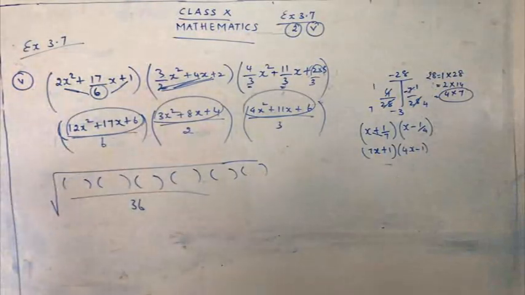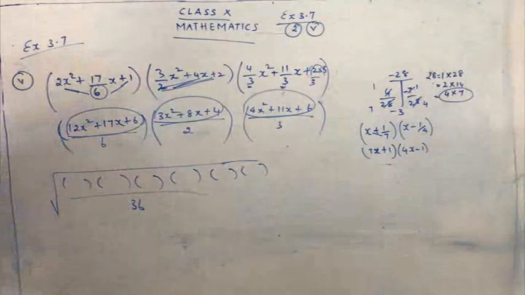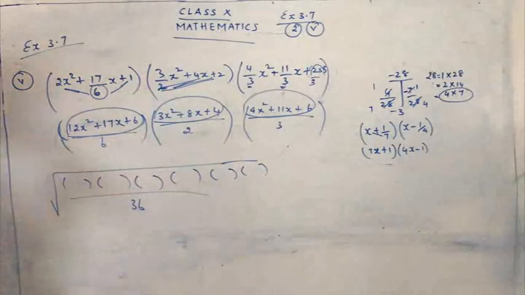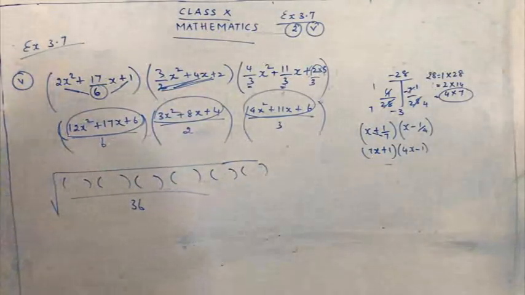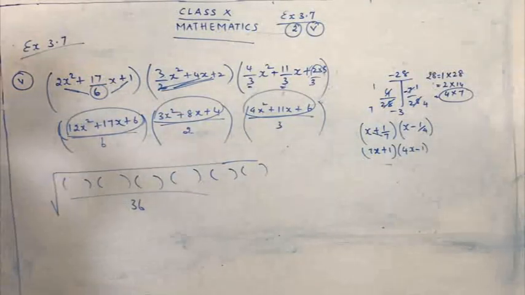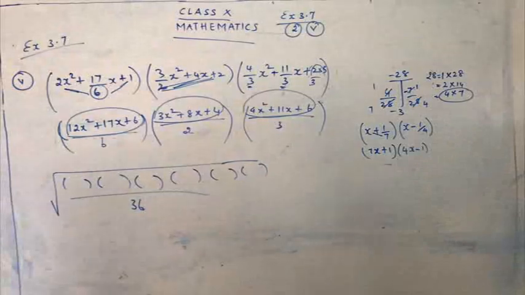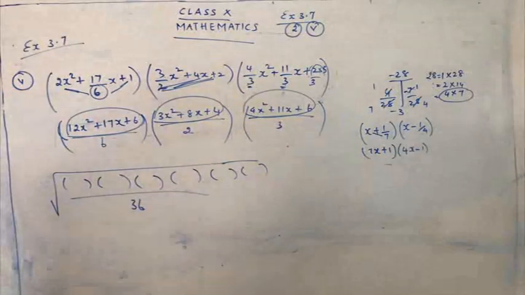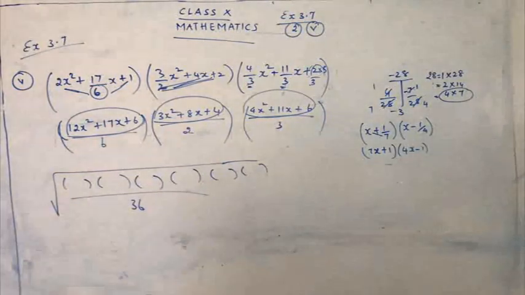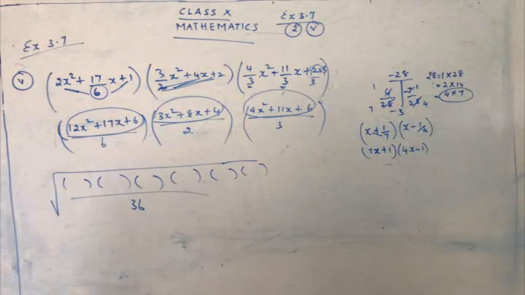So you will be given a polynomial and you have to find the square root by the division method. So let's start our sum. Take down exercise 3.8. Take down the question. Find the square root of the following polynomials by division method.